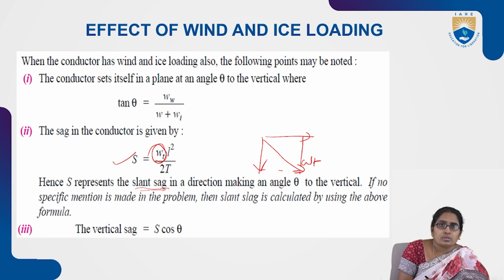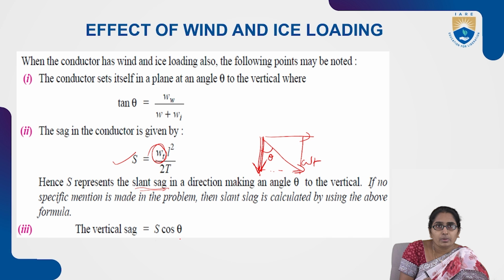It makes an angle theta to the vertical. So in the given problem, if they don't ask anything about the sag, just calculate this slant sag. But if they ask us to calculate the vertical sag, vertical sag means this component, which from this figure is S cos theta.